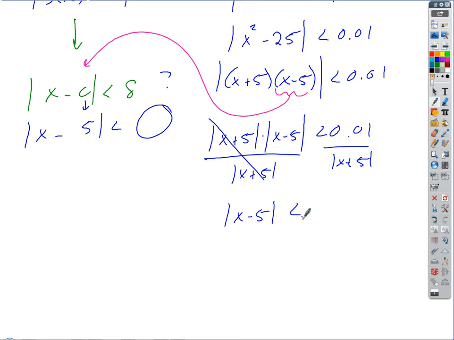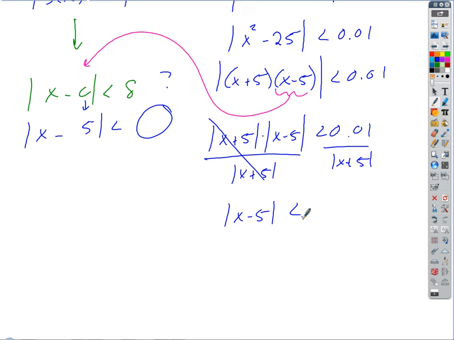What value are we approaching on our function? 5. Okay. Right? So in the neighborhood of 5, as x approaches 5, what value does this expression approach? 10. We can do that, right? Because as we get arbitrarily close to x equals 5, this expression is getting arbitrarily close to 10.